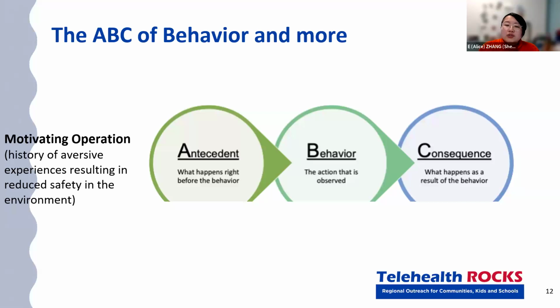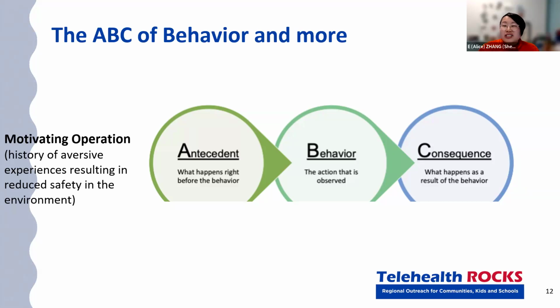So additionally, I also want to introduce this concept in our field that might sound a little bit technical, but it's called motivating operations, which really talk about behaviors beyond the immediate antecedent and consequence and involves a broader context.